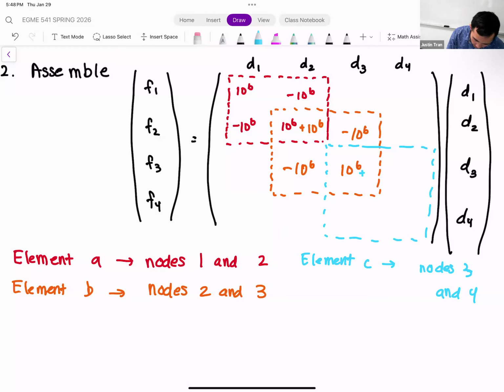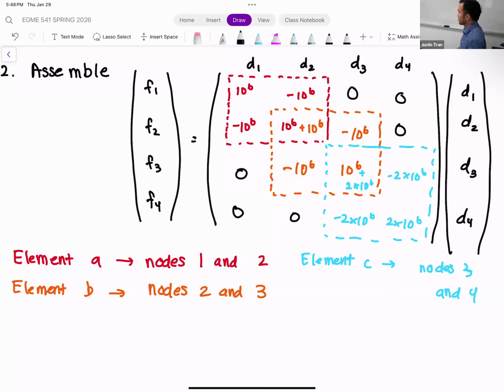So let's add in our contributions from element C. So we have a plus 2 times 10 to the 6, minus 2 times 10 to the 6, minus 2 times 10 to the 6, and then 2 times 10 to the 6. Okay. Everywhere else that we have not circled is going to get a 0. So we have 0, 0, 0, 0, 0, 0.